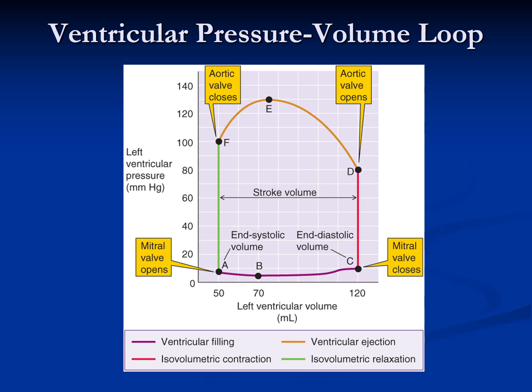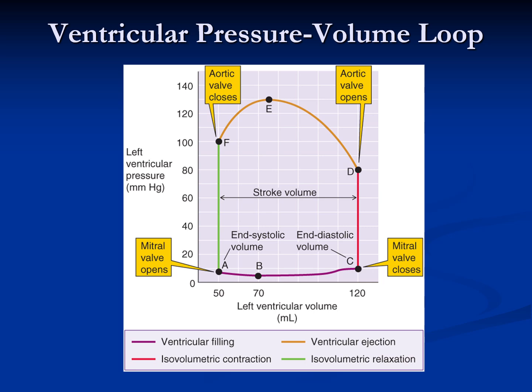And this is where we're going to start now. At point A, the left ventricular volume is at its minimum. In this example, it's 50 on the x-axis. And the LV pressure is at a minimum because that's when the LV has relaxed enough to a point where it has gone right below the mitral valve and the mitral valve opens.